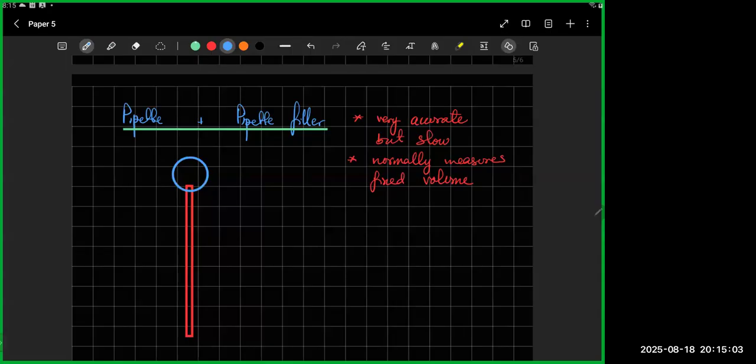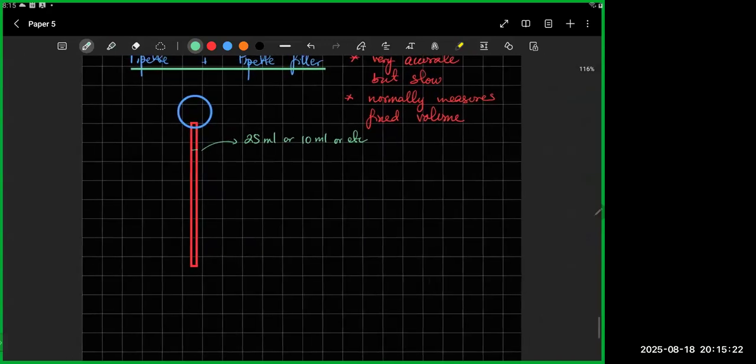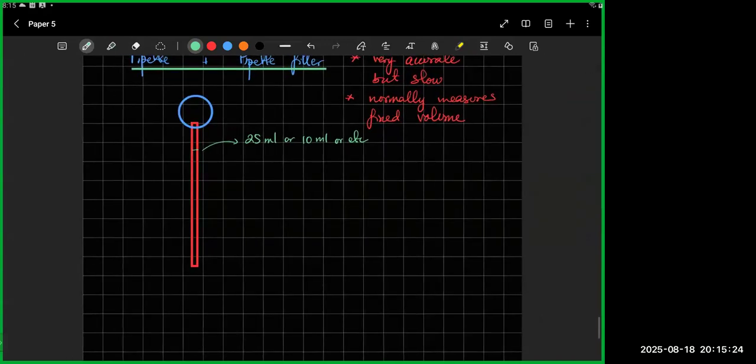That's a suction device, and it's got graduations. Normally it's going to have just one graduation, so it's either 25 ml or 10 ml, or made to order for any volume. This is your suction device, the pipette filler. I guess everyone knows how a pipette works.